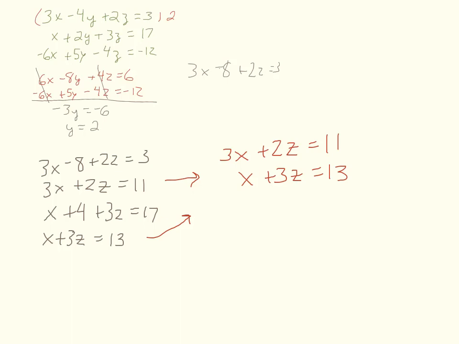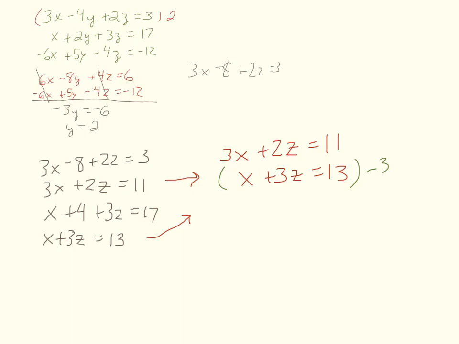Now I can use either of them. I can solve for any of them. And if I were trying to solve for x, I'd have to multiply the first equation by 3 and the next one by negative 2 to get rid of z's. But once I see the 3 and the 1 and realize 3 is a multiple of 1, I'd rather just multiply one time rather than 2. So I'll take that second equation and get rid of the x, multiply it by negative 3, and add it to the first equation.